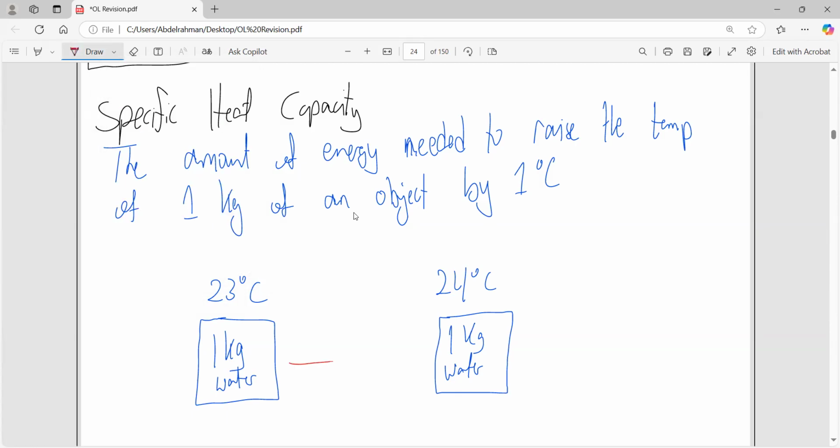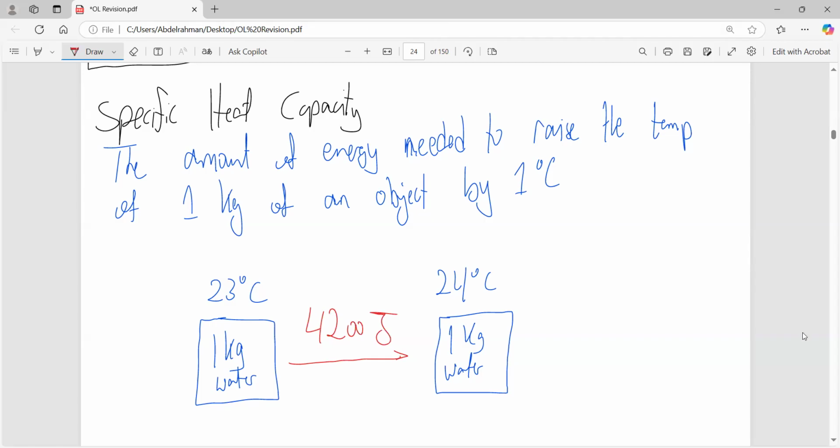The amount of energy required to increase the water would be 4,200 joules, which is one of the highest specific heat capacities of any material. Water requires 4,200 joules for each kilogram.